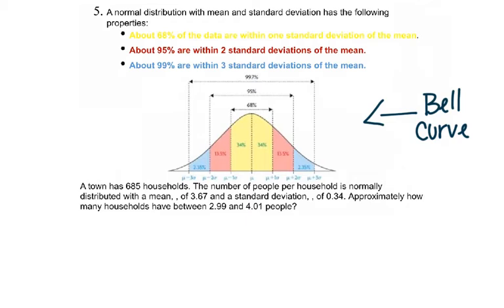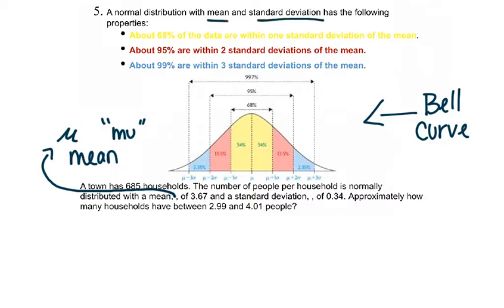Okay, the only thing I need to add is right here, and this is just some formatting issues, it should be this letter. This is mu. It is a Greek letter, and it just stands for the word mean. So a normal distribution with mean and standard deviation has the following properties.